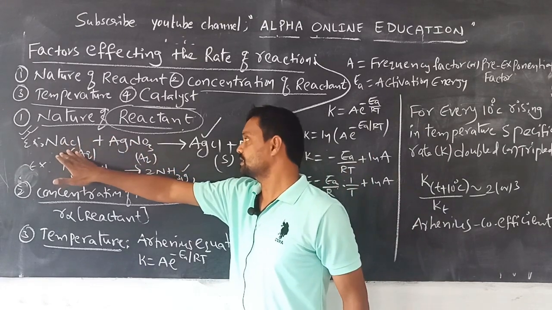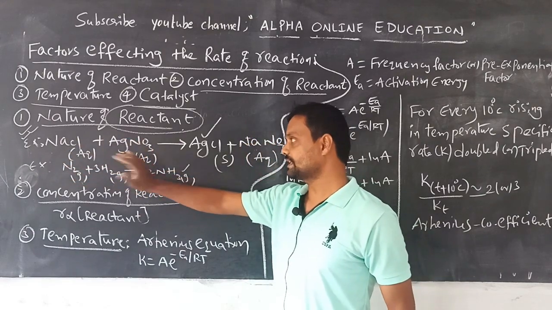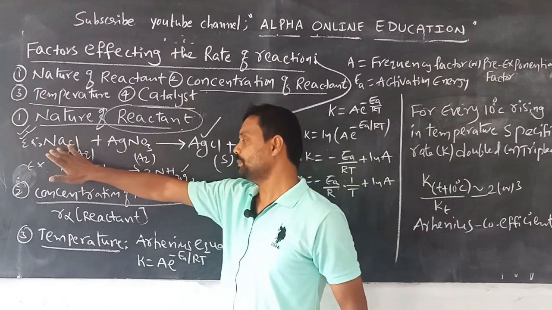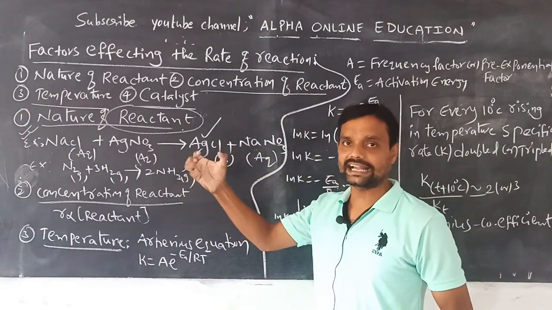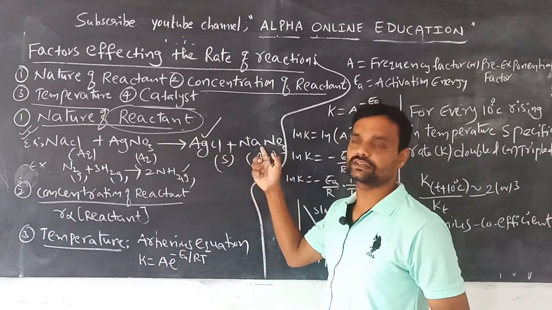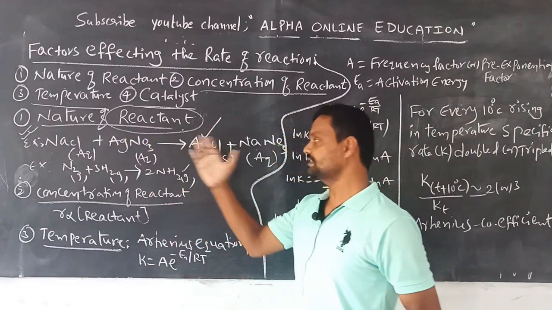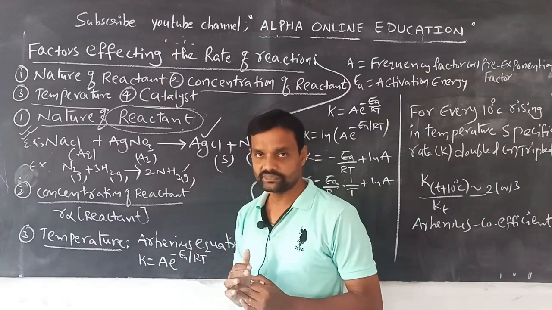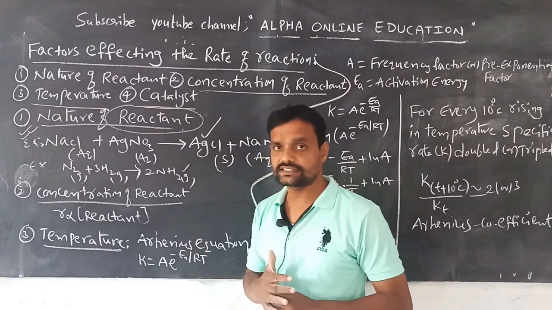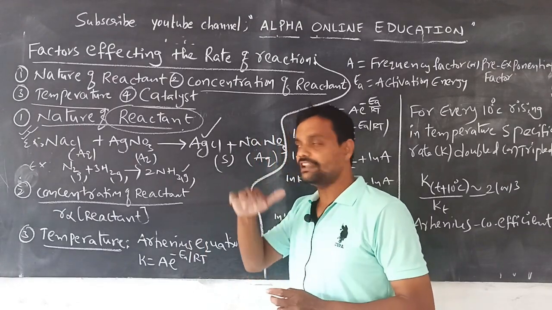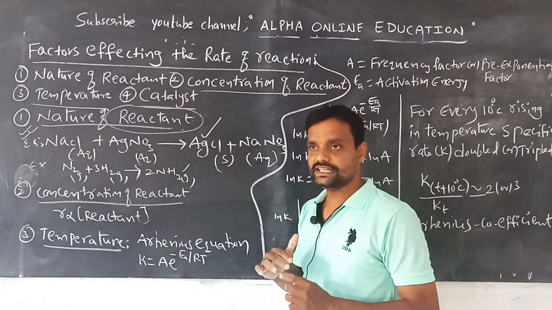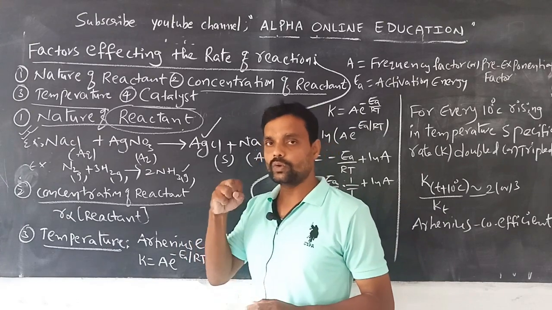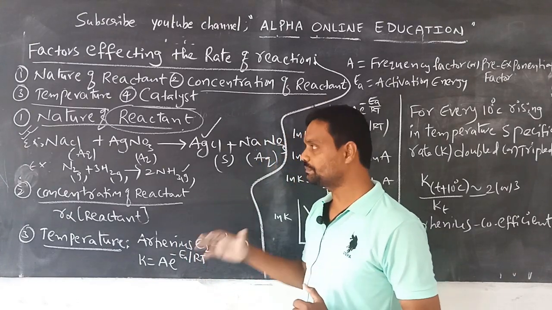The Na+ ion and NO3- ion attract each other to immediately give sodium nitrate, and the Ag+ and Cl- ions attract each other immediately to give silver chloride. That means when ionic reactants are present, they easily form the product. The speed of the reaction is very fast because only attractions are present between the ionic compounds.